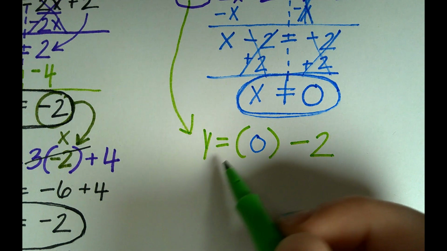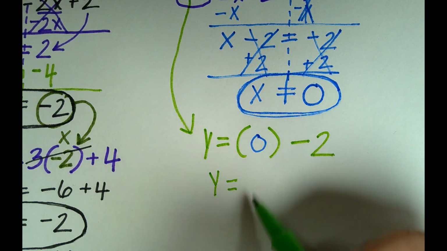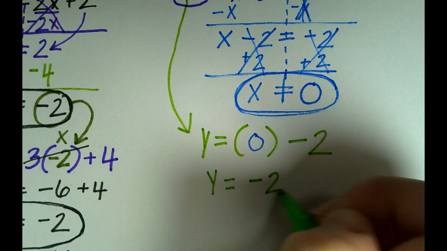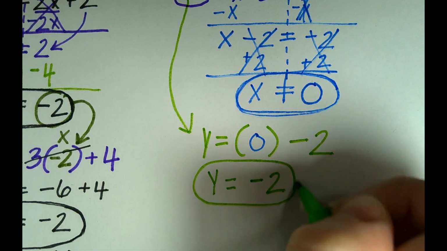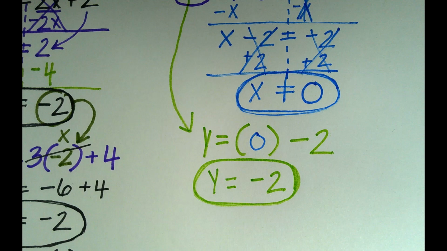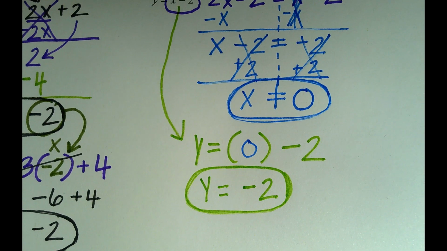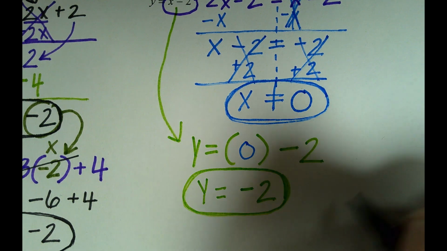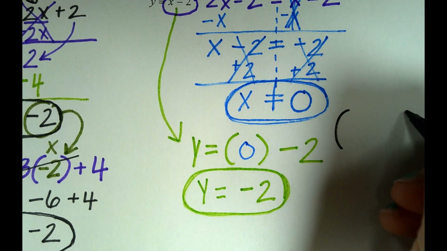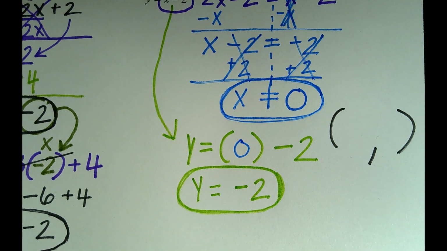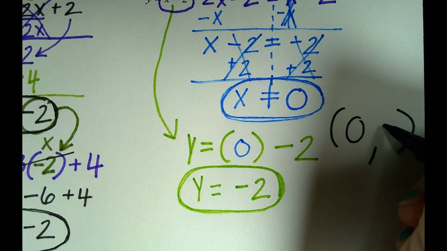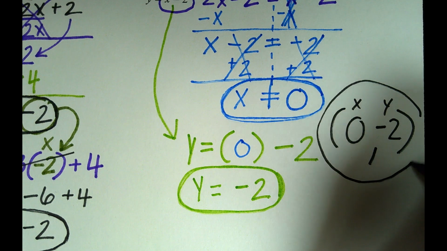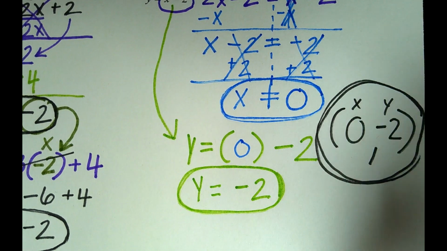Yeah, really. I'm just going to bring all that down. y equals, well, 0 minus 2, it's negative 2. So x is 0, y is negative 2. If I wanted to write this as a coordinate, how would I do that? 0, negative 2. Perfect. The x comes first, then the y. Perfect, perfect, perfect. That's our answer.